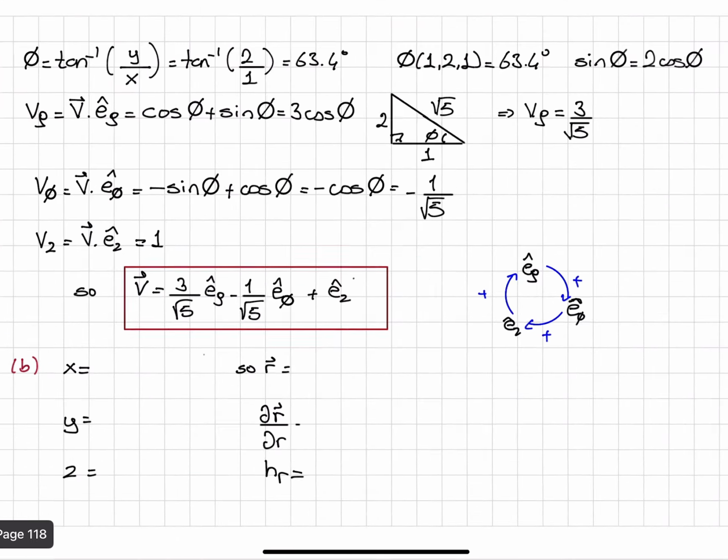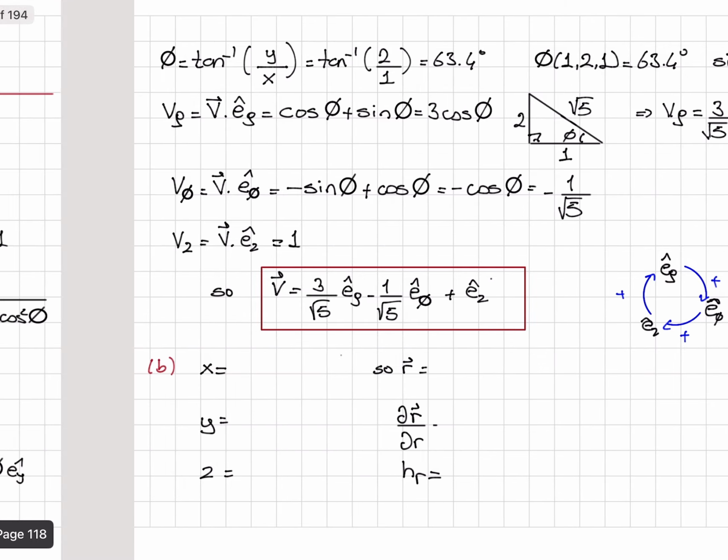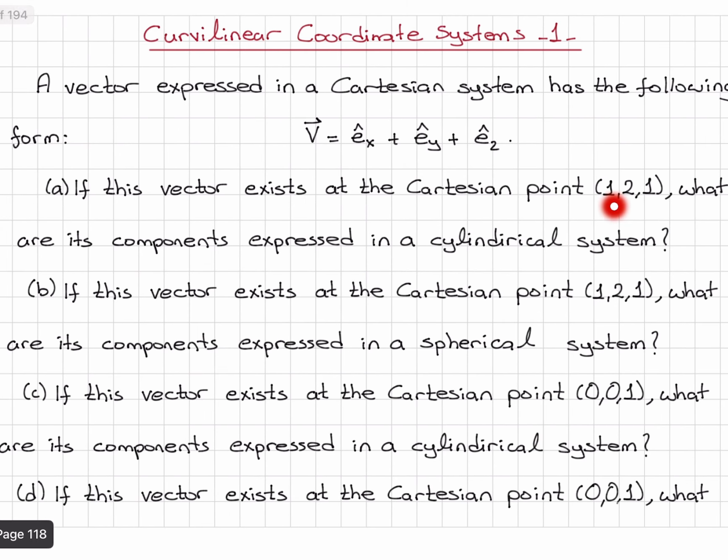So this tells us what this vector v is in the cylindrical coordinate system evaluated at the point 1, 2, 1.